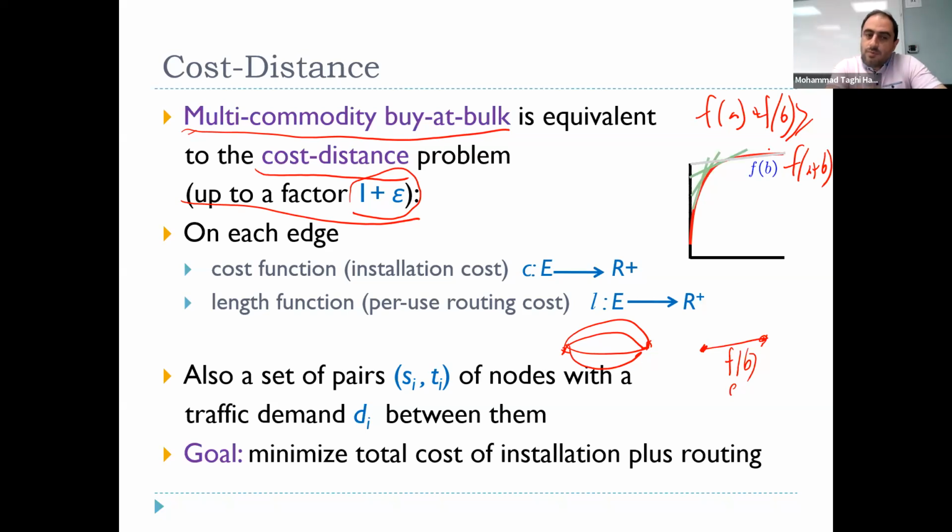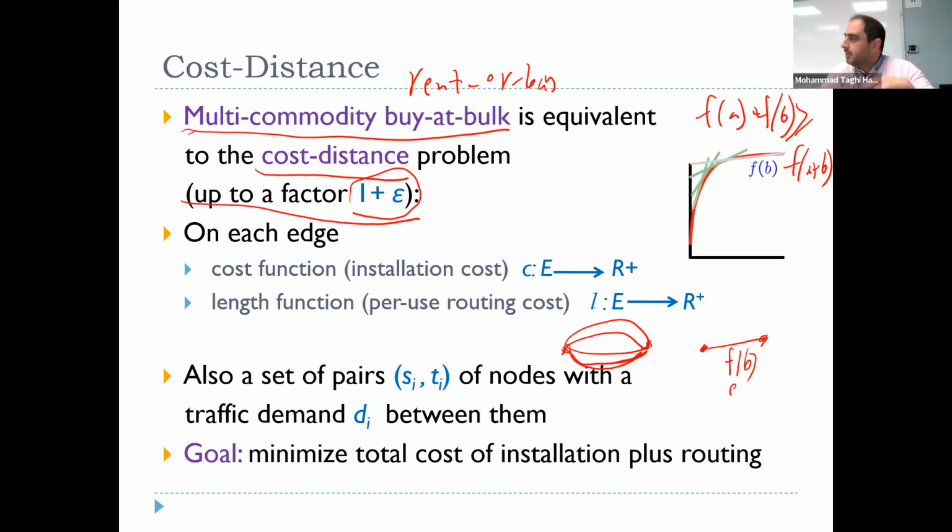Then for each edge, you have two costs. This is also buy-at-bulk, they call it rent or buy because of these things. And these are essentially equivalent.